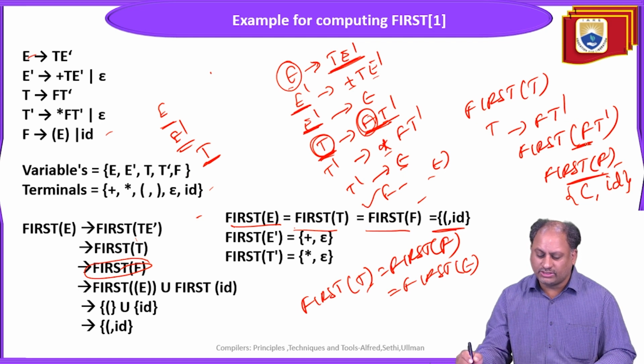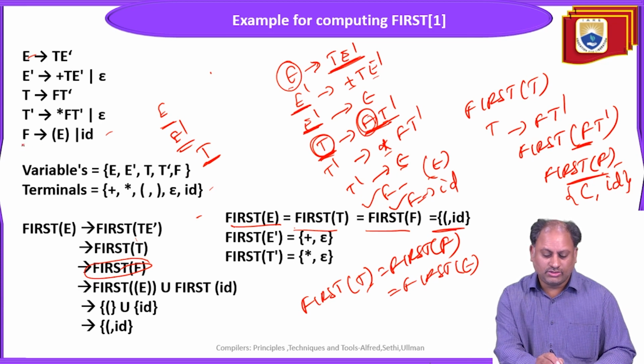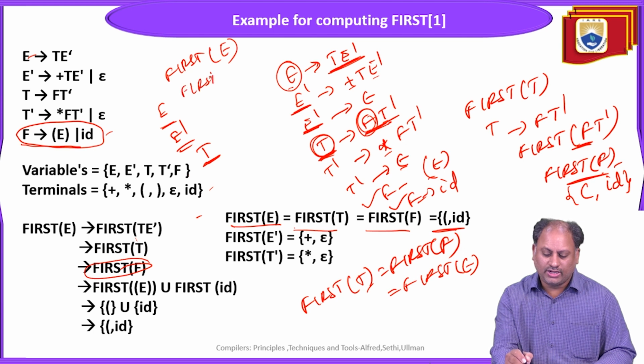What is first of F? So here what are the computations of first of F? If you observe, first of F is only this one. So we have to compute once again first of left parenthesis and first of ID.